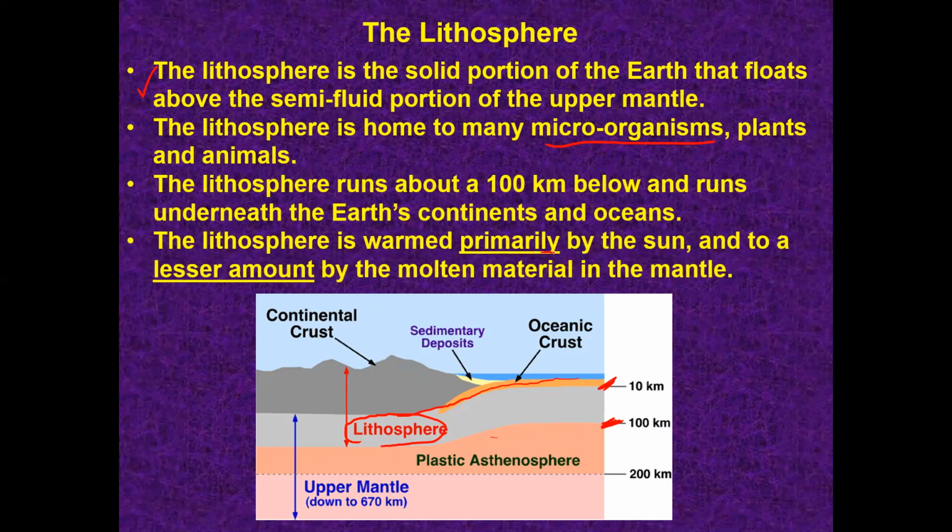Warmed by the sun, but also by the melted material in the mantle. So heat coming up from the mantle. This is called the geothermal heating, and solar radiation is the second form of heating.